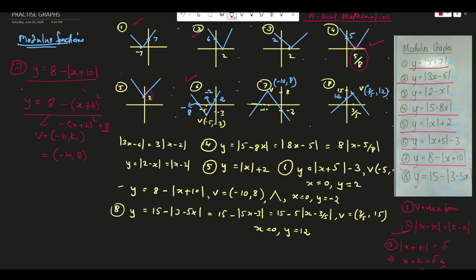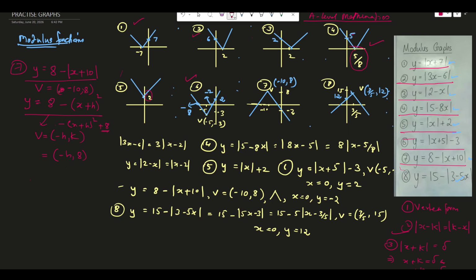Same logic if you apply over here. This is x plus 10, so the vertex will be at minus 10 comma your k will be 8.